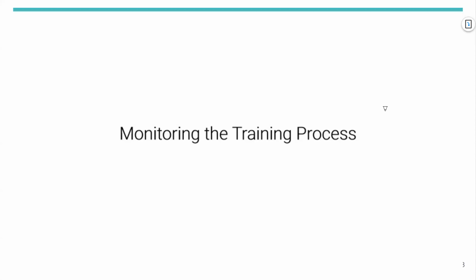From now on, we're going to talk about some strategies for optimization. First of all, when we train our networks or our AI models, we need to monitor the training process. And if there is something wrong in the middle, then we need to take some actions.